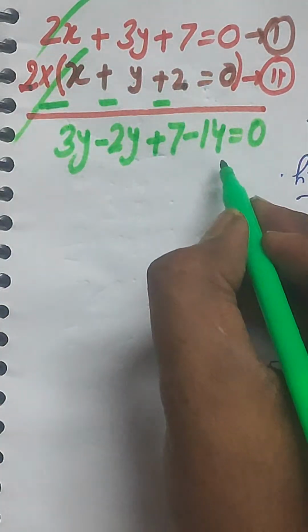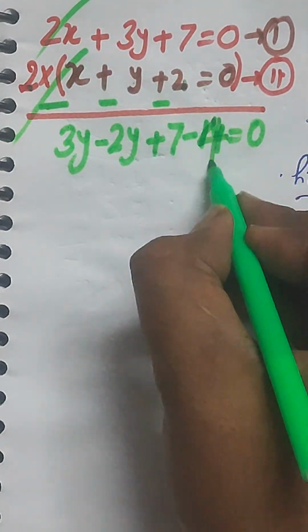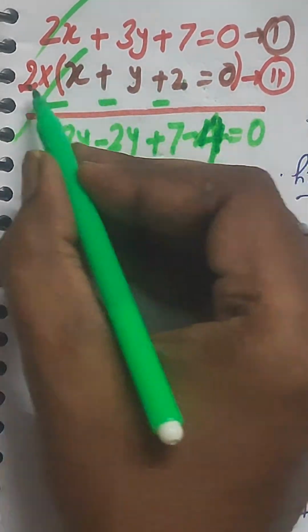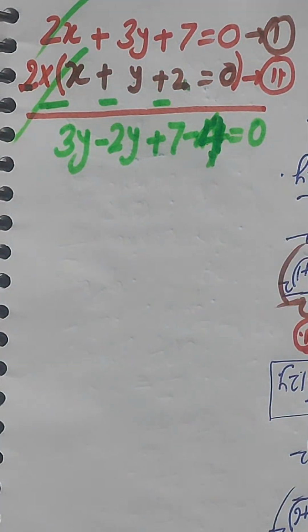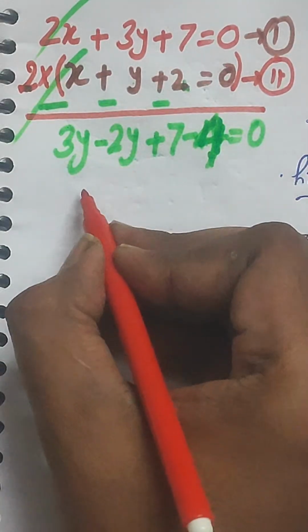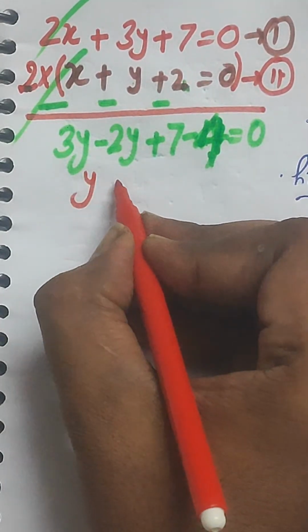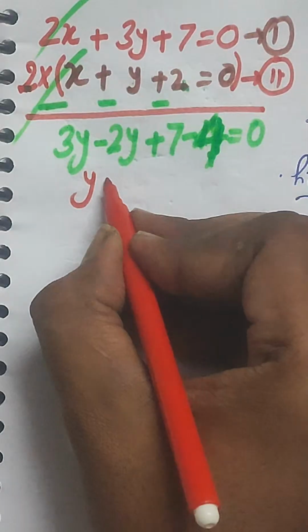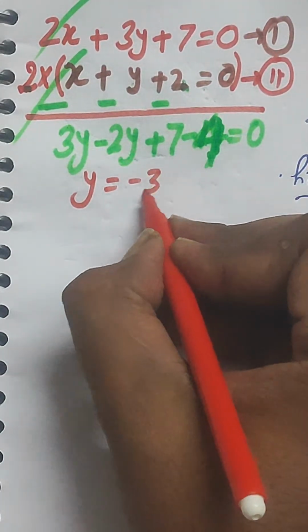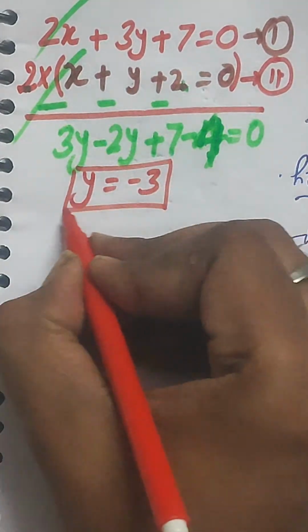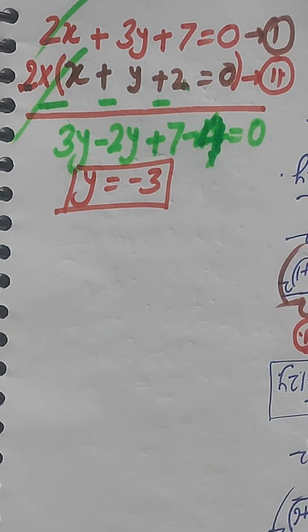So this will be not 14, only 4. 2 into 2, 4. So in this way we are having 3y minus 2y, that is y is equal to 7 minus 4 is 3, so we are getting y equal to minus 3, right? Y equal to minus 3 is derived.